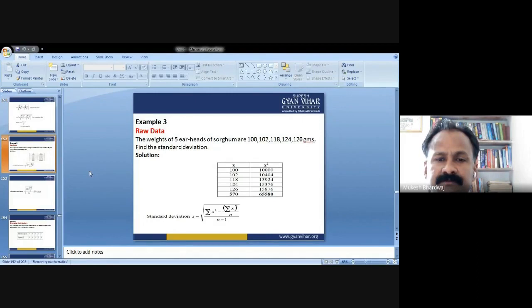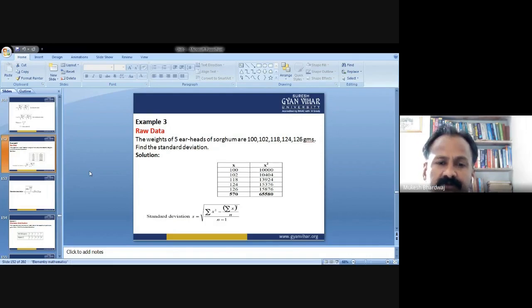Make a table, write all the observations and sum them, which comes out to be 570. Create a second column with the square of all the observations: 100 square is 10,000, then 102 square, 118 square, 124 square, 126 square, and finally the sum of all the x square values comes out to be 65,580.